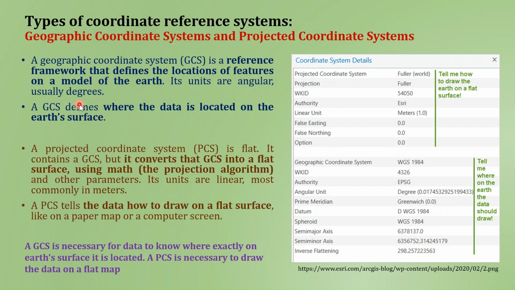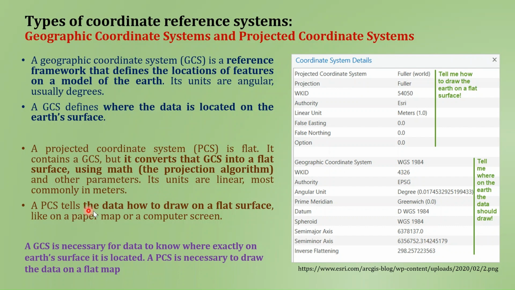So it generally defines where the data is located on the earth's surface, while the projected coordinate system is planar or flat. So it includes the GCS, but it converts the information of the GCS into a flat surface using the projection algorithm and other parameters. And the units of PCS are linear, most commonly in meters.